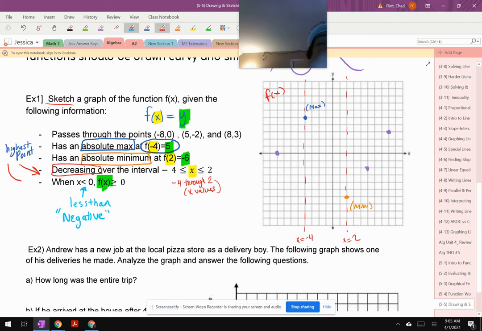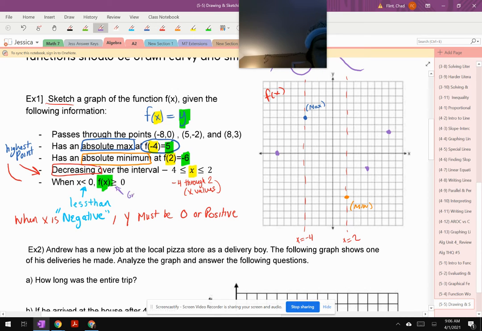So what this is basically saying is when x is negative, y must be 0 or positive, right? Because that says greater or equal.